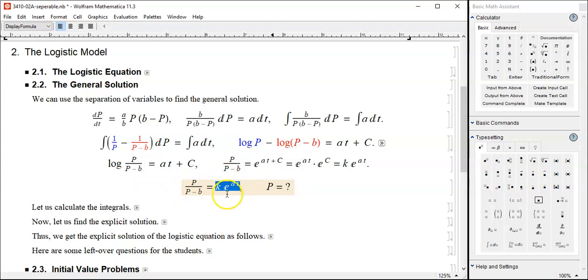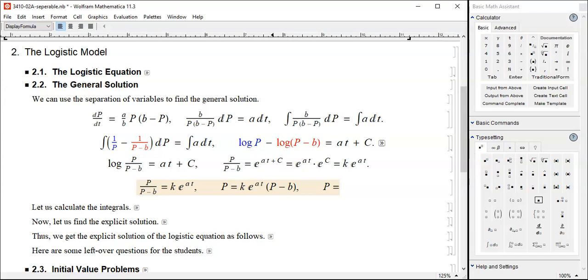This whole thing is just one expression, and this is nothing more than a linear equation, as a matter of fact, linear fractional equation. Just remove the denominator to the other side, flip it over, k e to the a t power times p minus b. And then break out the parentheses.